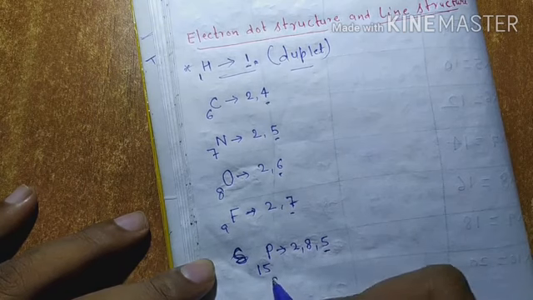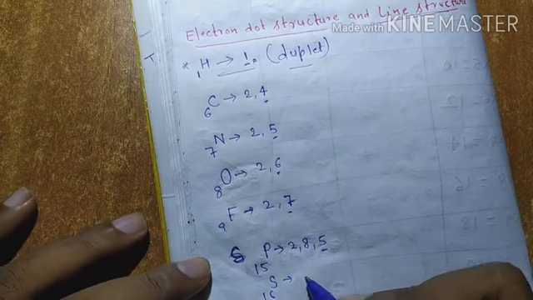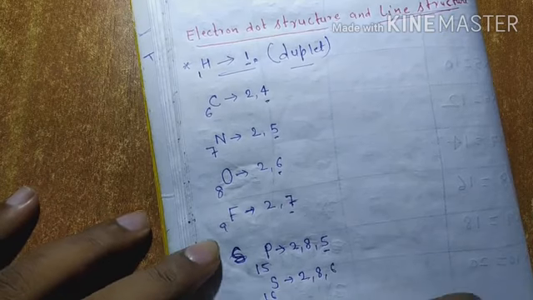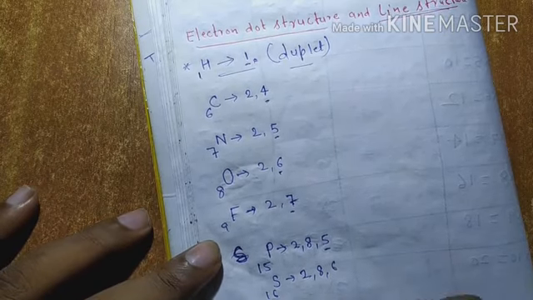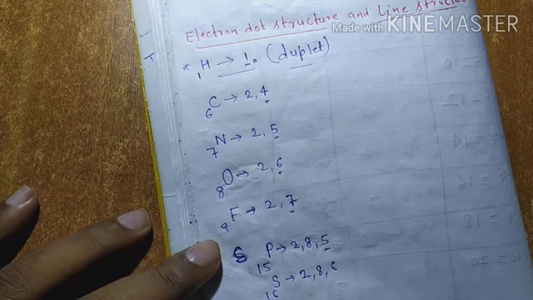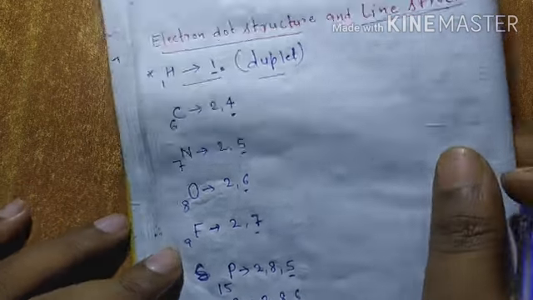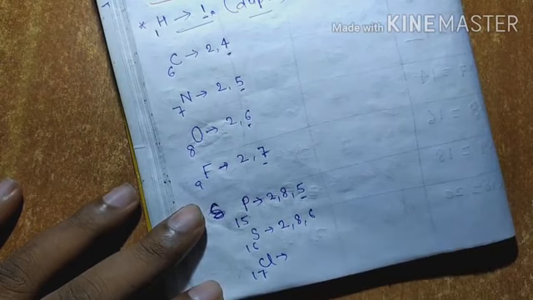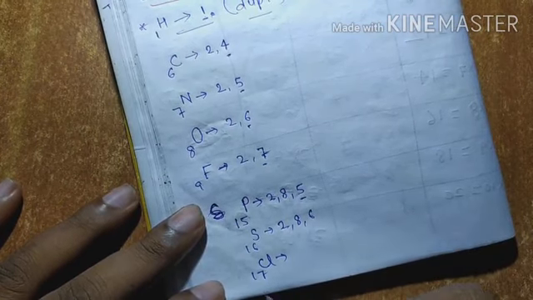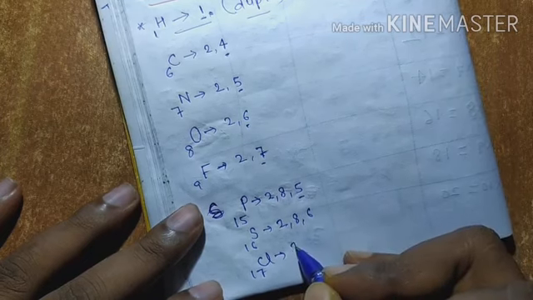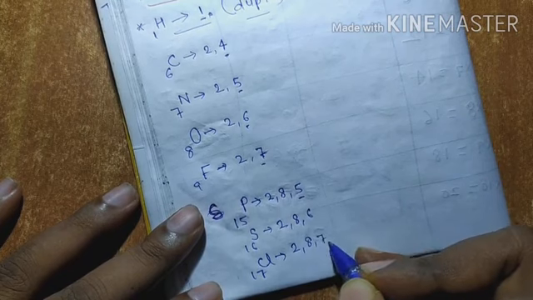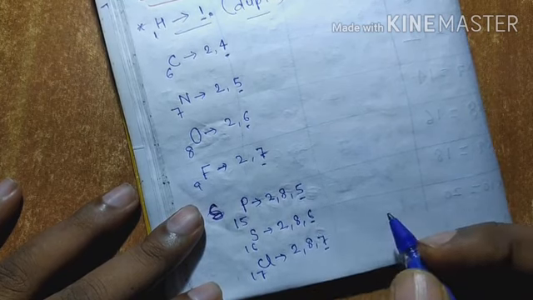Then sulfur, electronic configuration 2, 8, 6. Then chlorine, atomic number 17, electronic configuration 2, 8, 7, valence electron is 7; for sulfur, valence electron is 6.